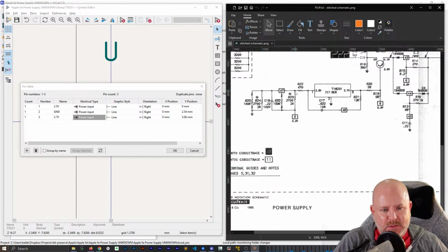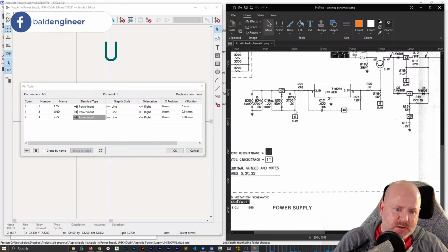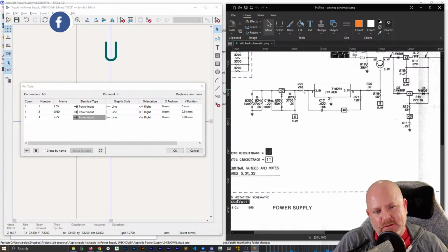But that's not ground. So wait, I'm looking at this wrong. This is actually divided. Look at this. This goes 5 volts, gets divided into 2.5K into a 470 ohm resistor.